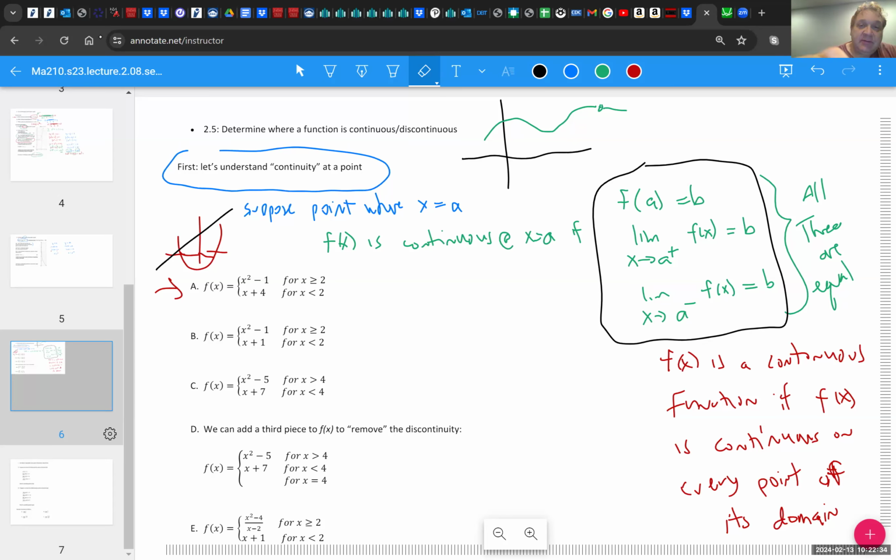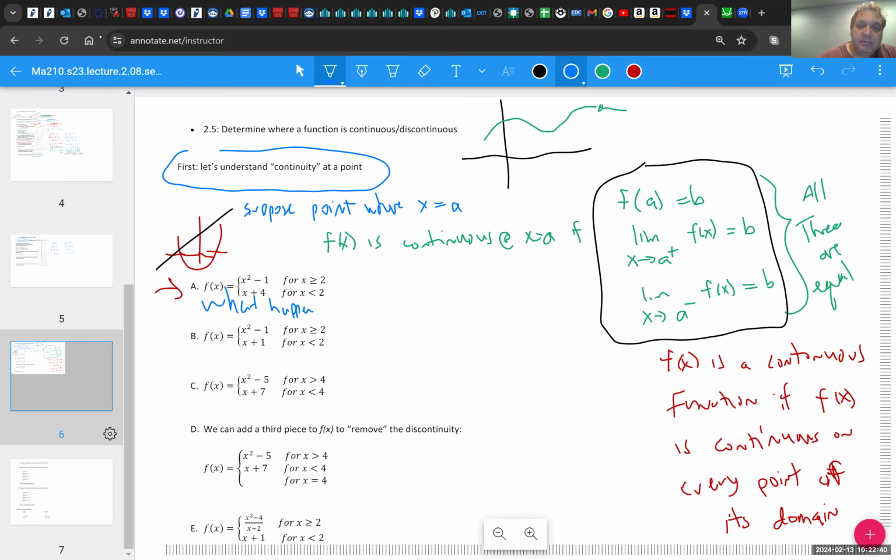So what happens at x equals 2? That seems to be the only point of interest for this function because everything else is kind of just ordinary. So if we want to find out what happens at x equals 2, we have to do 3 things. We have to find the value of the function at 2.